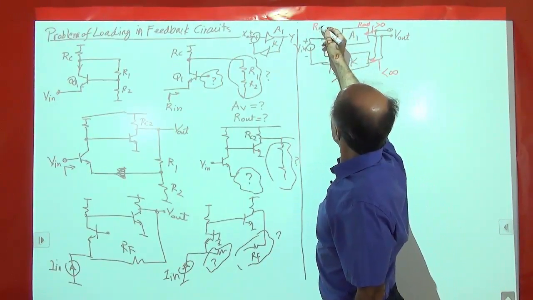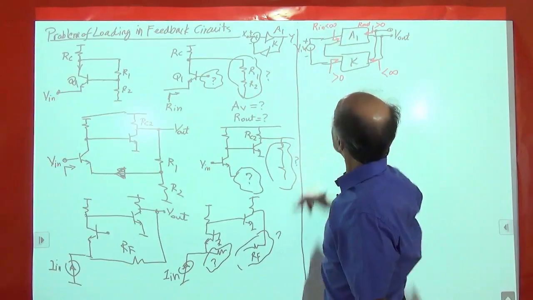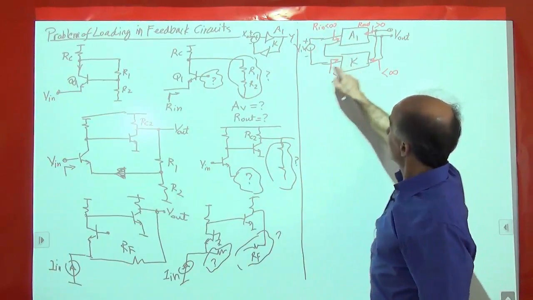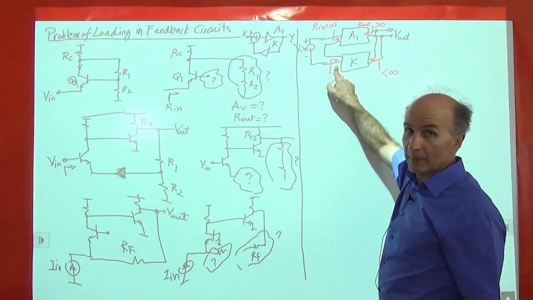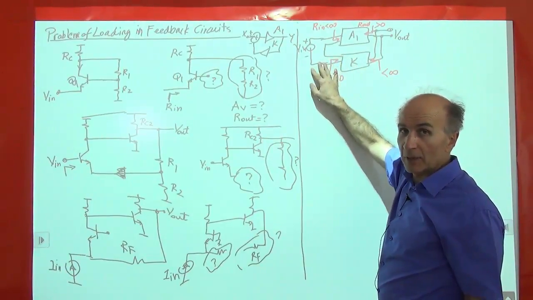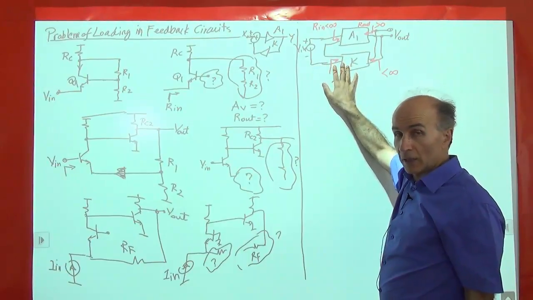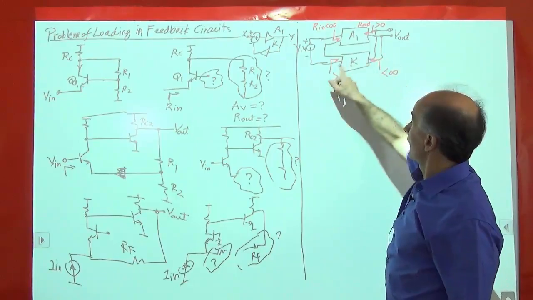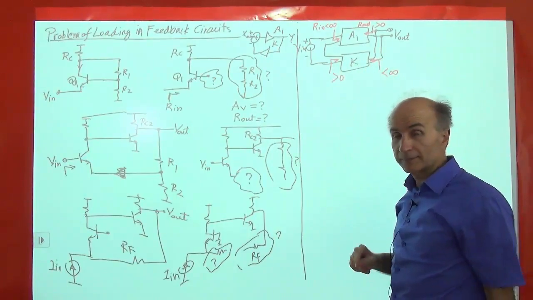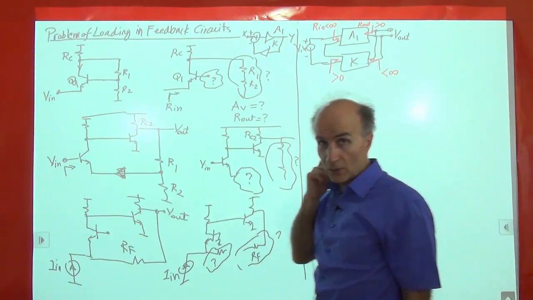So Rin is less than infinity. So again, when we connect these together, the conditions that we use to analyze, for example, the gain and the input impedance and so forth are not correct anymore. So we have this loading effect, loading here and loading here. All right, so these are the issues that we face.